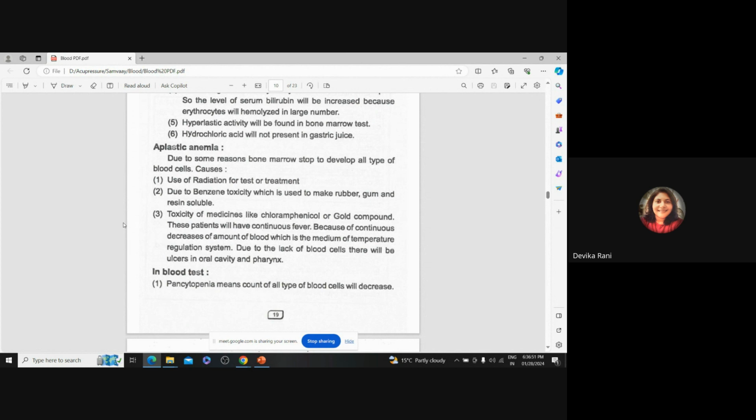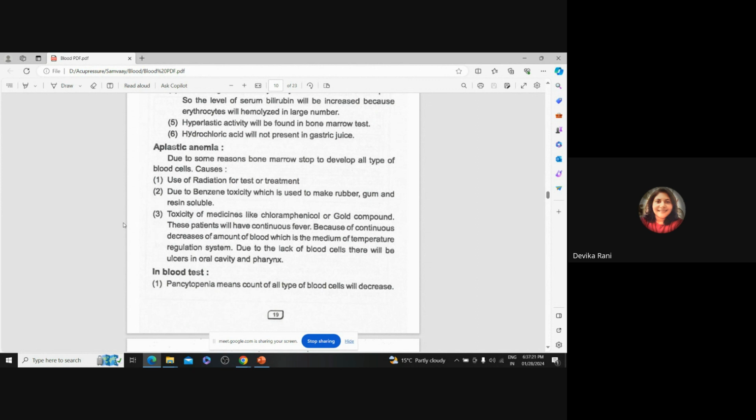Also, benzene toxicity, benzene being used to make rubber, gum, and resin soluble, affects the formation of red blood cells. Then there is toxicity of some medicines or compounds. These patients will have continuous fever because of the continuous decrease in the amount of blood, which is the medium of the temperature regulation system.